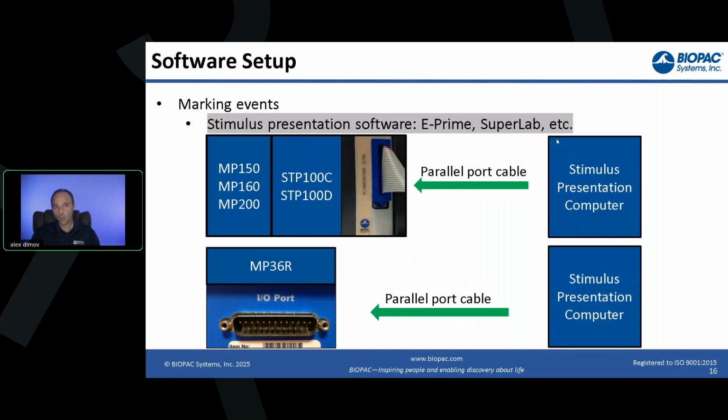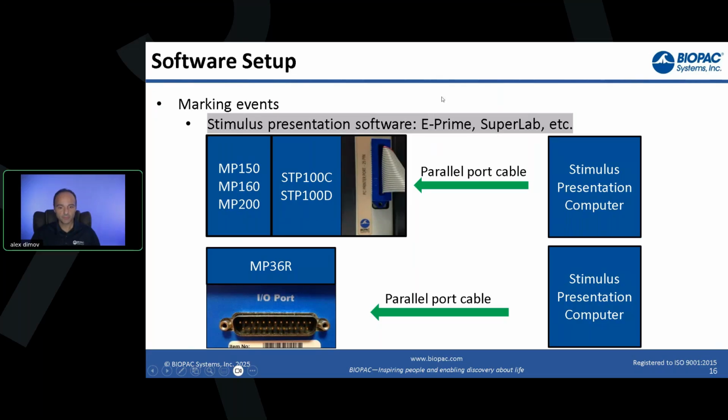A more traditional way for markers is to receive them via TTL lines from stimulus presentation software such as ePrime, SuperLab, Presentation, etc. In fact, in SuperLab, the latest version supports also markers over the network, which simplifies things quite a bit.